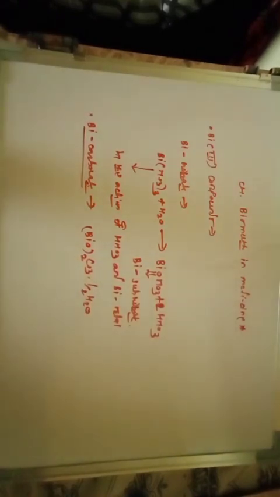Bismuth carbonate is precipitated by the addition of carbonate or bicarbonate solution to bismuth nitrate. Next, the oxides of bismuth.